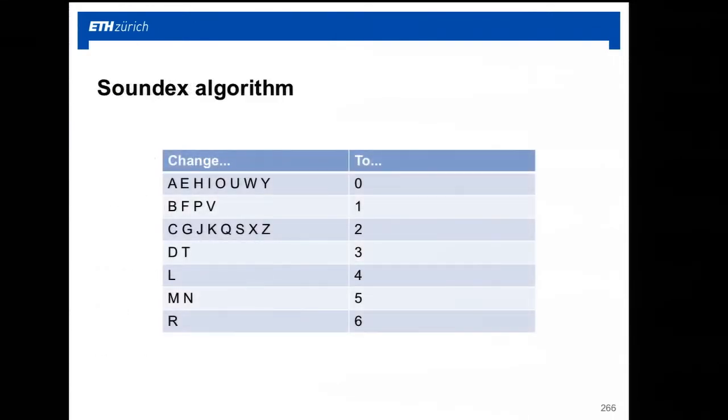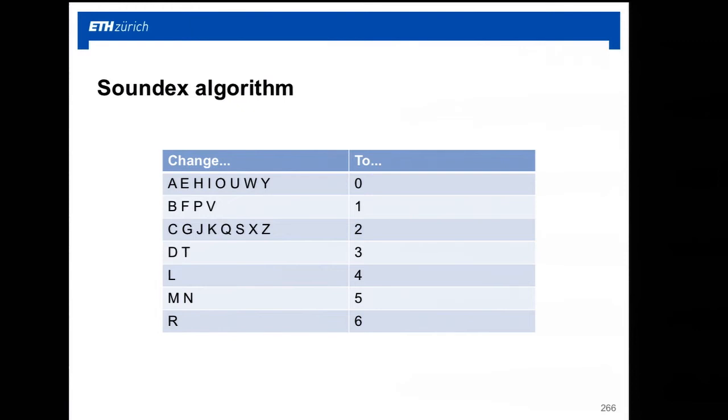So here's the idea. We have the letters of the alphabet in here, and they are grouped in 7 packets. You can recognize that the vowels are all in packet 0, and then we have R on its own, M and N, the nasal consonants, L, D and T, the dental consonants. We have the buffer, so the labial consonants. So you see they are all grouped into meaningful groups.